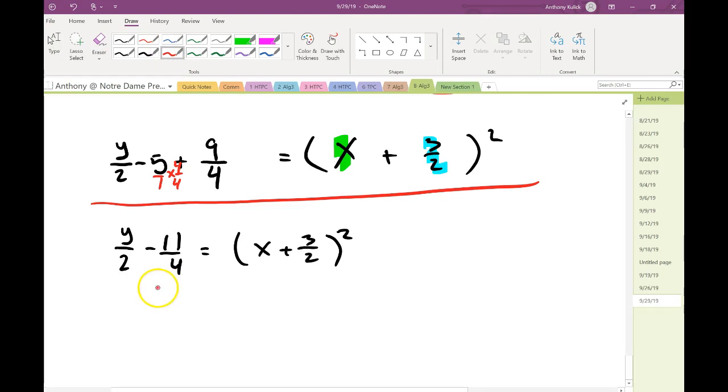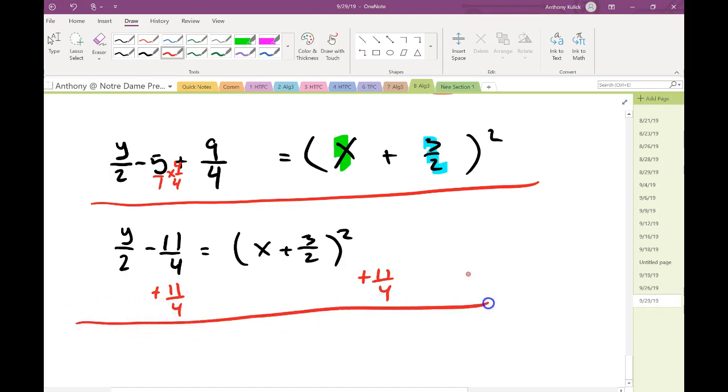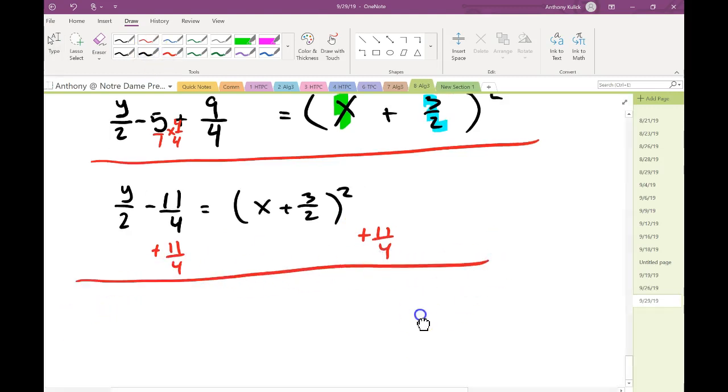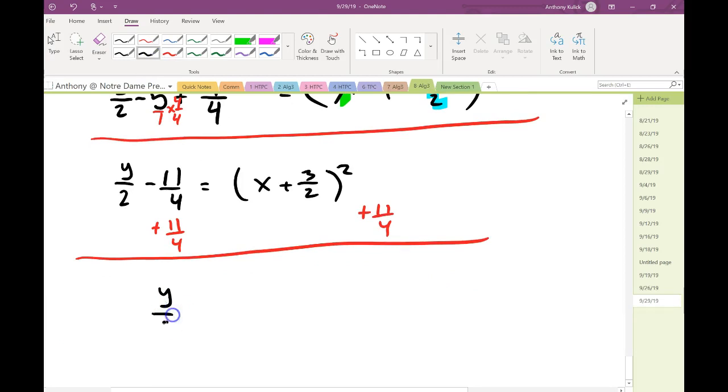Now again, I'm trying to get the y by itself. So I'm going to add that 11 over 4 to both sides. So far, so good.